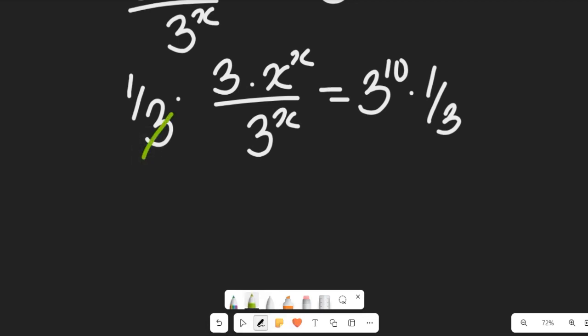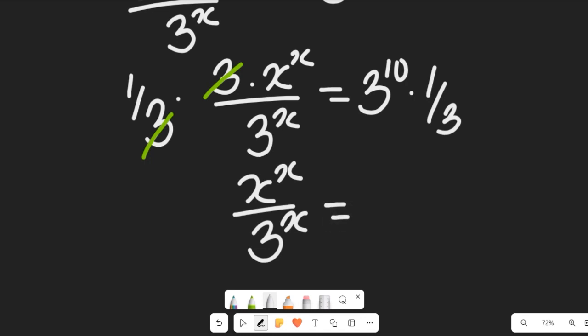So this 3 is going to clear this 3, and then we'll be left with x to the power of x divided by 3 to the power of x, and this will be equal to 3 to the power of 10 divided by 3 to the power of 1.